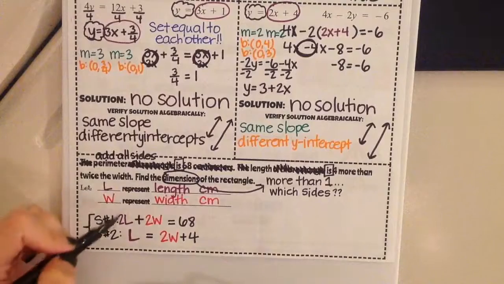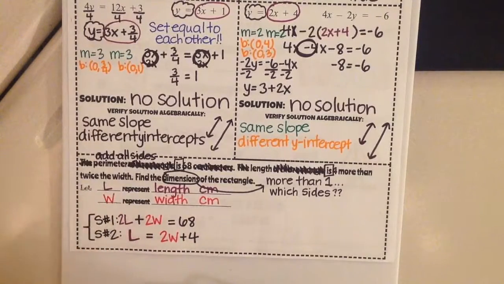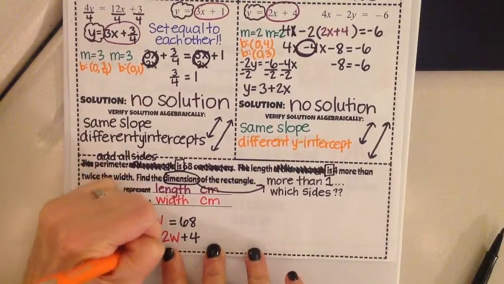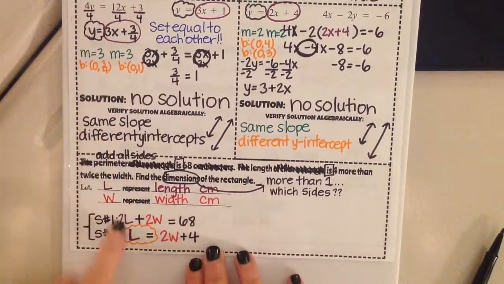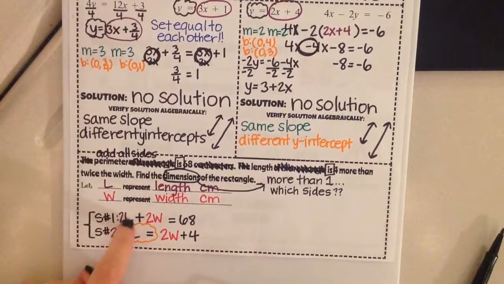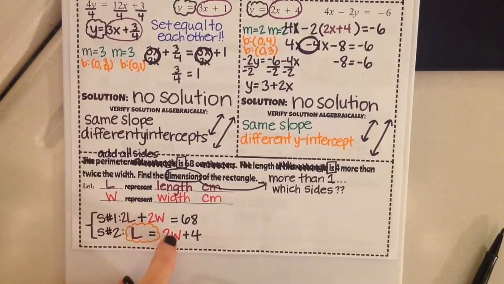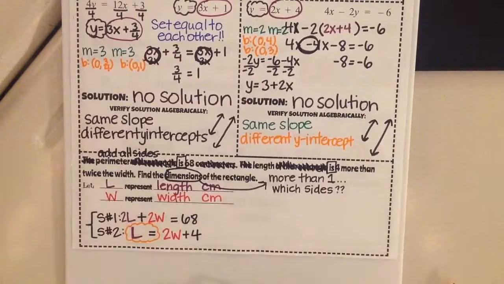So now I'm looking at my system, and I notice that L is by itself, which tells me that L is going to get replaced in the other equation. So this L up here in the first equation is going to get replaced. And what am I going to replace it with? I'm going to replace L with 2W plus 4. So here's what it looks like.